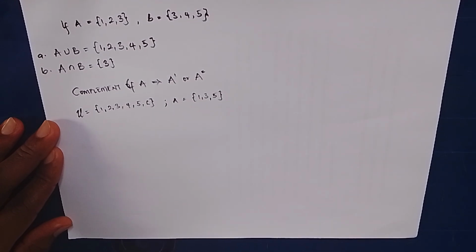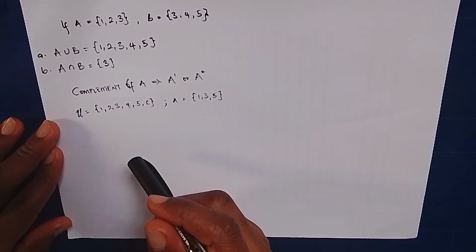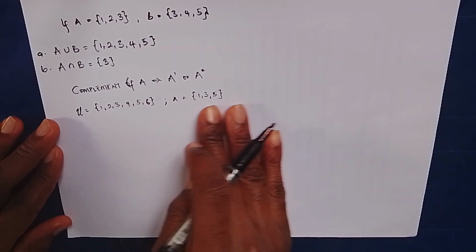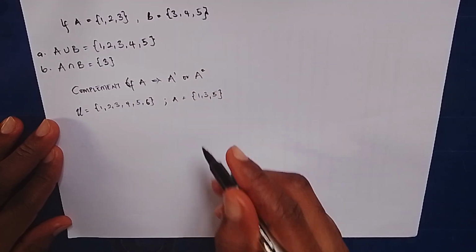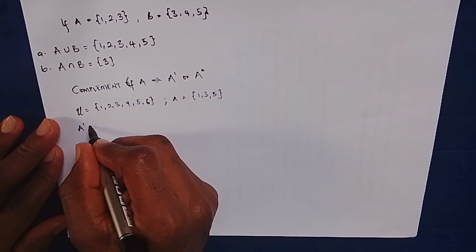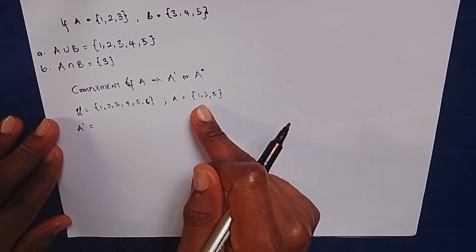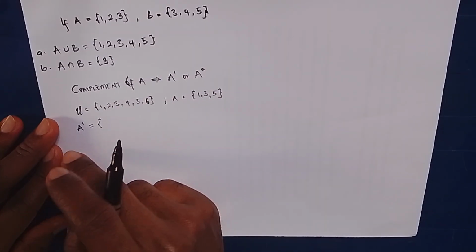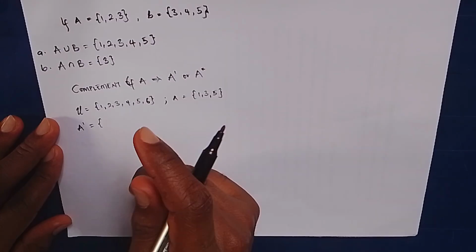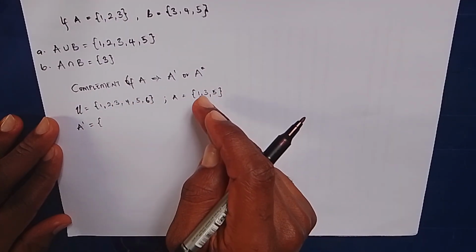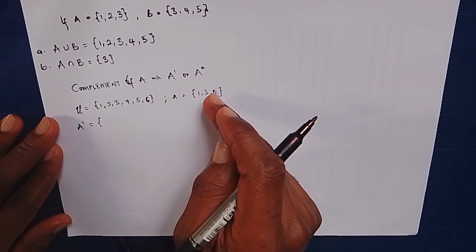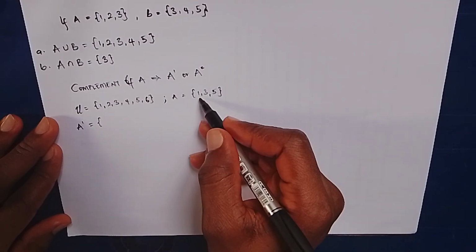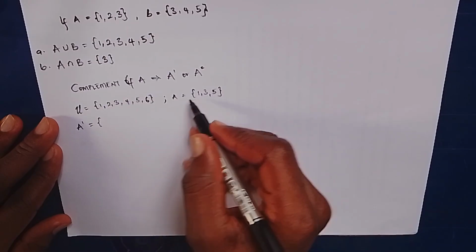So remember, the complement of a set is everything present in the universal set except for what we have in the set we are considering to complement. So in this case, complement of A will be everything in the universal set that is not in the set A. We have 1 in the universal set, we also have 1 in the set A, so we will not include 1.